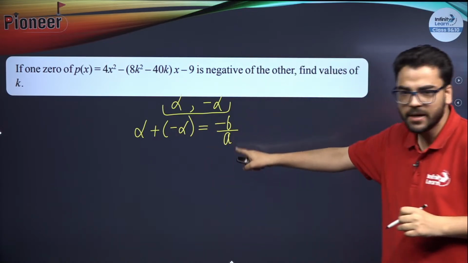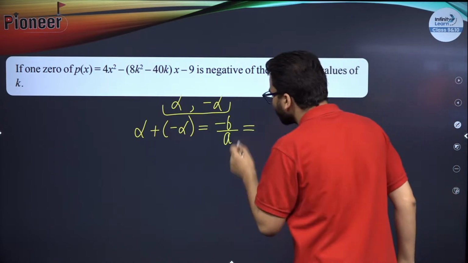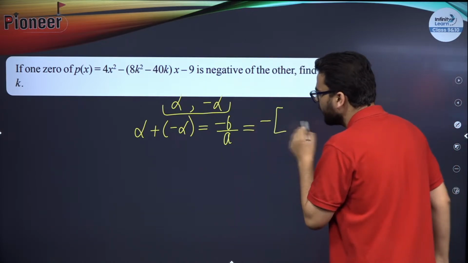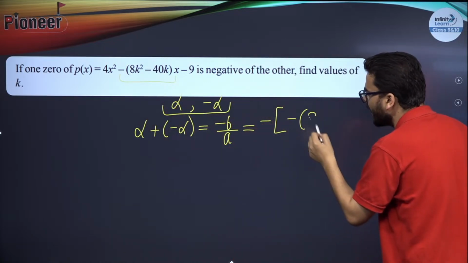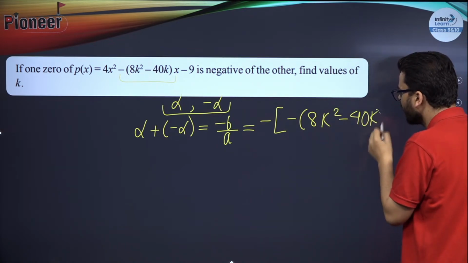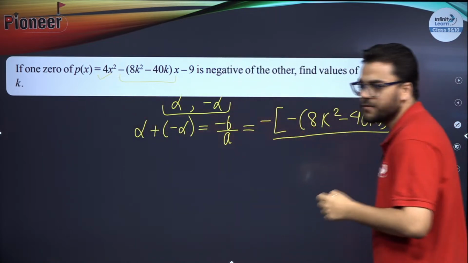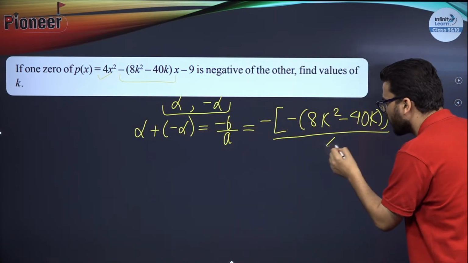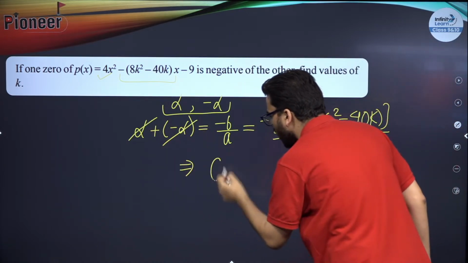So over here, minus b is minus of the coefficient of x, that is minus 8k square minus 40k. And a is the coefficient of x square, so that is equal to 4. So you see this will be cancelled out. Alpha plus alpha will become 0.